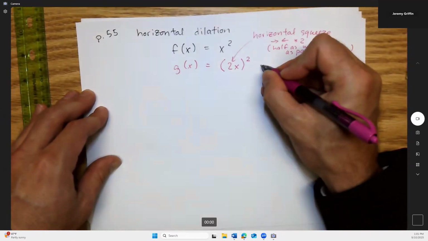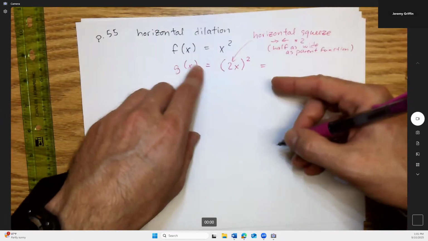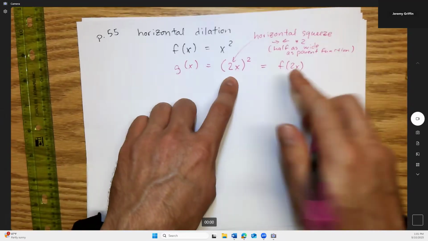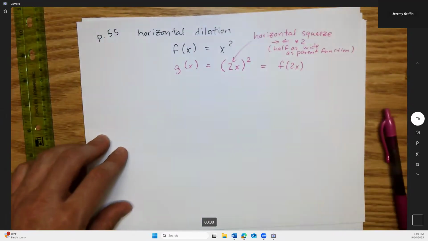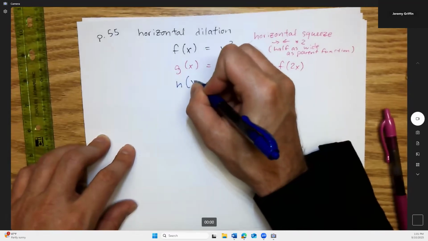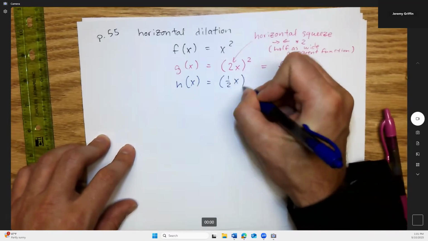So in this case, oh whoops, I meant to do this the other way. I meant to say f of 2x, right? But you guys get the idea. It's the same thing. And then let's come up with an h of x. What if I go the other way? What if I throw a 1/2 factor on here and I square that?